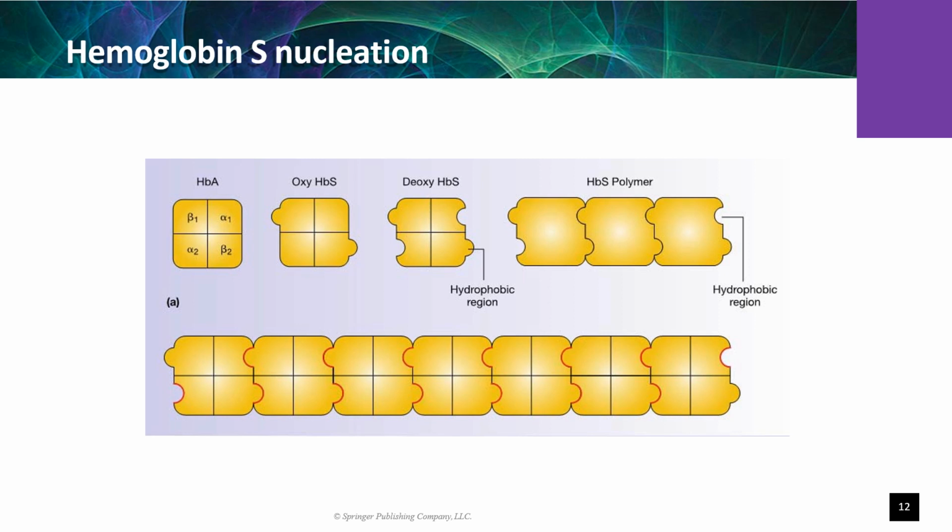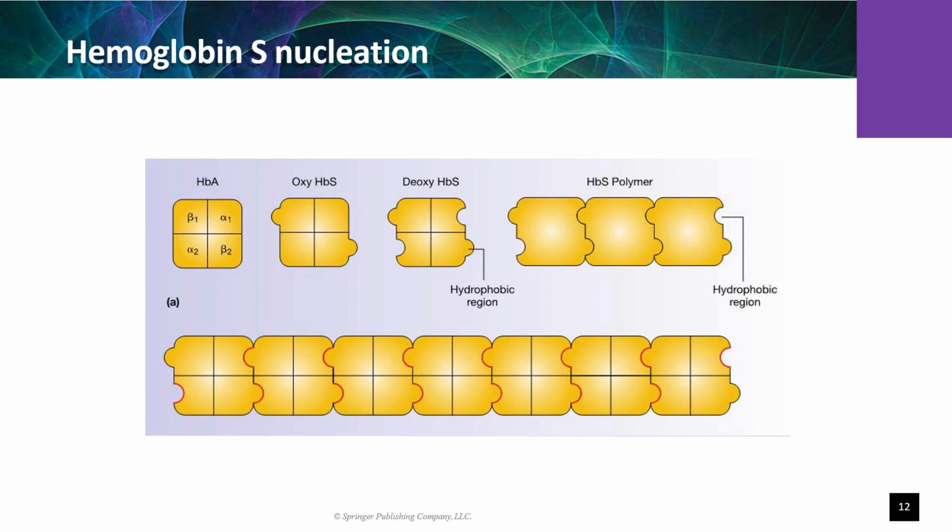This is a diagram of hemoglobin A and hemoglobin S. The beta chain of hemoglobin S has a valine substituted for glutamate at position 6. This forms a hydrophobic sticky spot on the outside of the molecule. The deoxygenation exposes a complementary hydrophobic site on the alpha chain where 2 hemoglobin molecules can stick together by hydrophobic attraction.